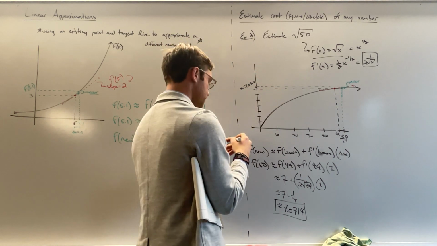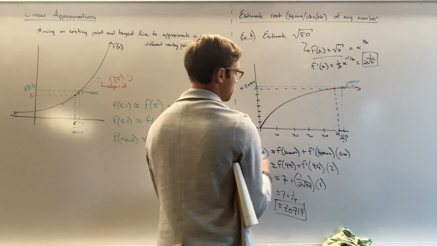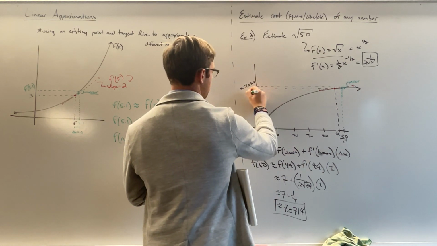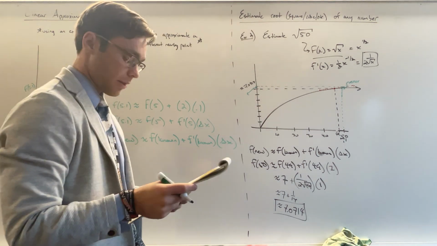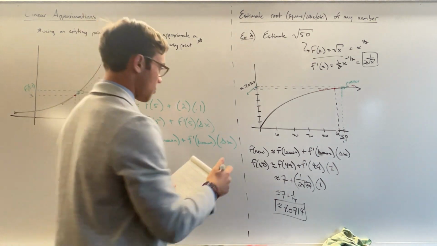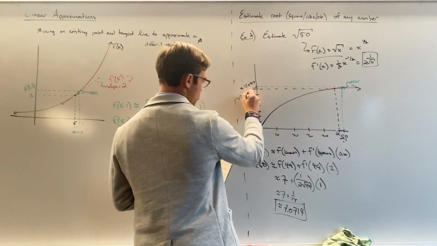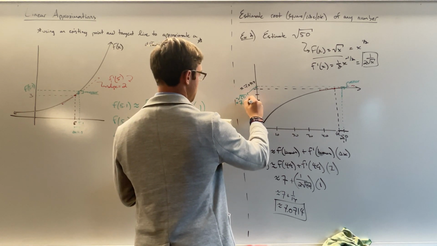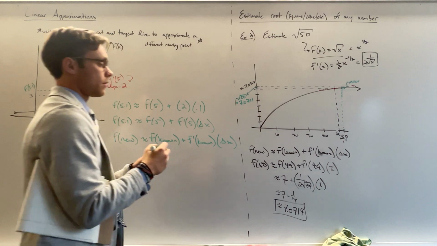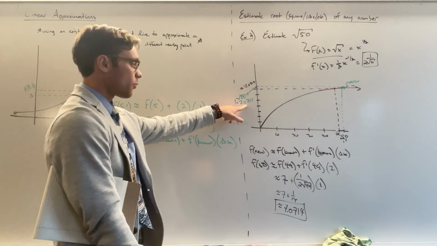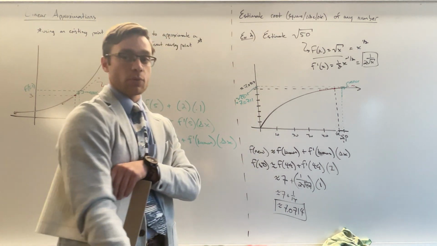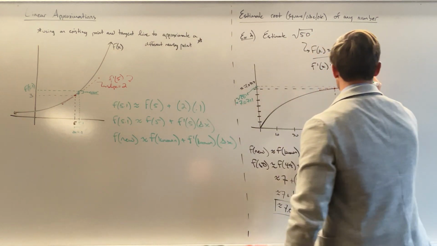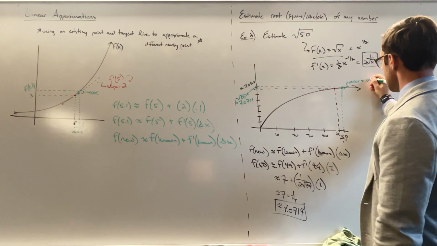The true value here is, well, just put in your calculator, square root of 50. True square root of 50 actually equals, if you plug it in your calculator, 7.0711. So we're really close. 7.0711 versus 7.0714, our error is really small, 0.0003.